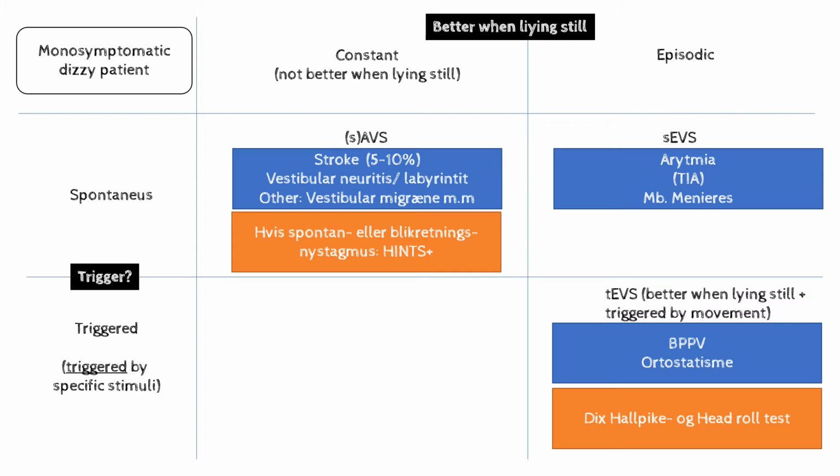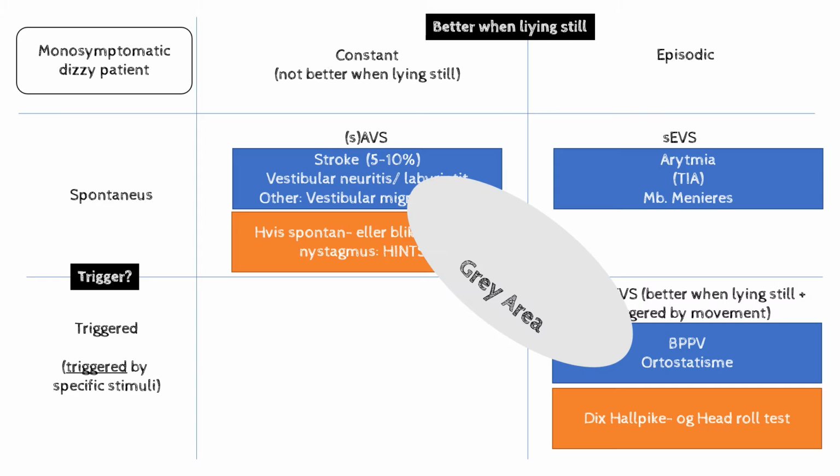On these patients, you will do this Hallpike or your head roll test. And when we are putting these patients into categories, in my clinical experience, it can be quite hard sometimes to place the patient in the right category, whether or not they have nystagmus while lying still.